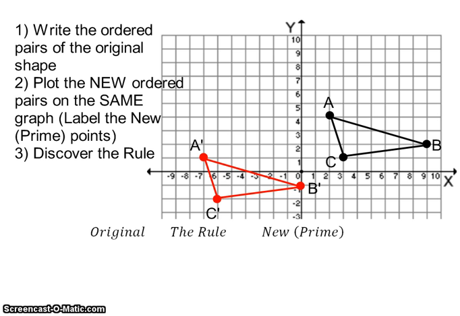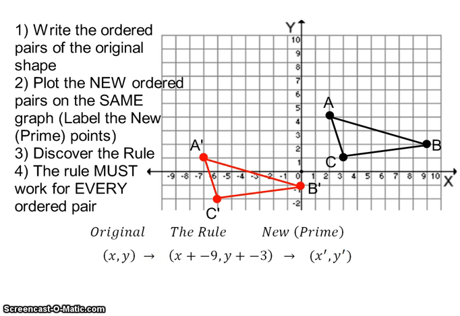So we now know we need to have the original, the rule, and the new, the prime. There's my rule. X plus negative 9, because the first thing that happened is horizontal movement. So move from here and I went over to here. That's 1, 2, 3, 4, 5, 6, 7, 8, 9 spaces. It went to the left, that's why it's negative.